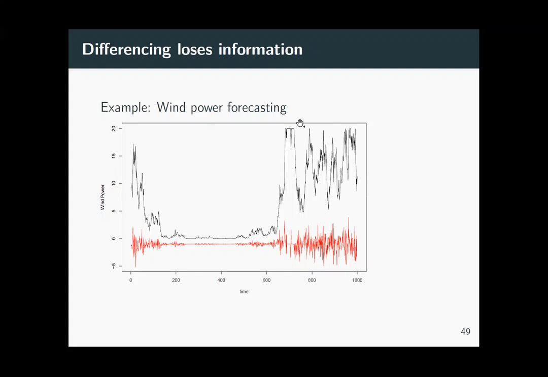And that's what we see up here. Once you hit the maximum, the wind turbine just doesn't produce any more. Now, if you take a difference of your series, you see this just gives you a 0 here. So you lose this information that in this patch of zeros, the series has no way of going up anymore because it's already at the maximum. It can only go down, right? So with the differencing, you lose this information.